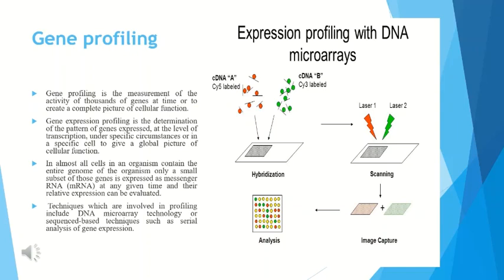Techniques which are involved in profiling include DNA microarray technology and sequence-based techniques such as serial analysis of gene expression. You can see expression profiling with DNA microarrays in this picture.